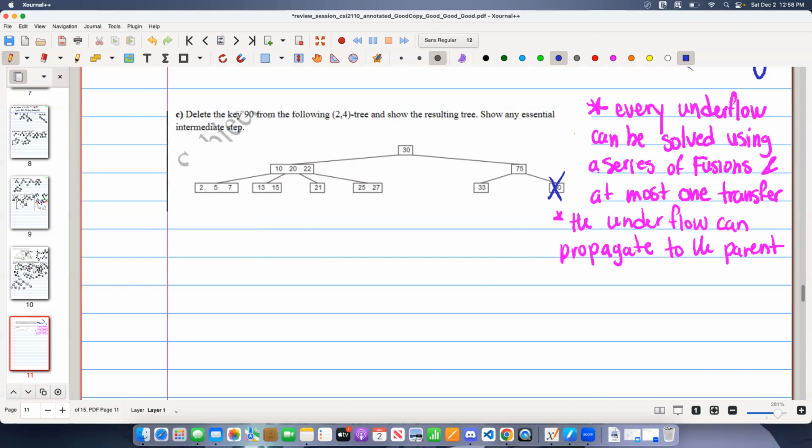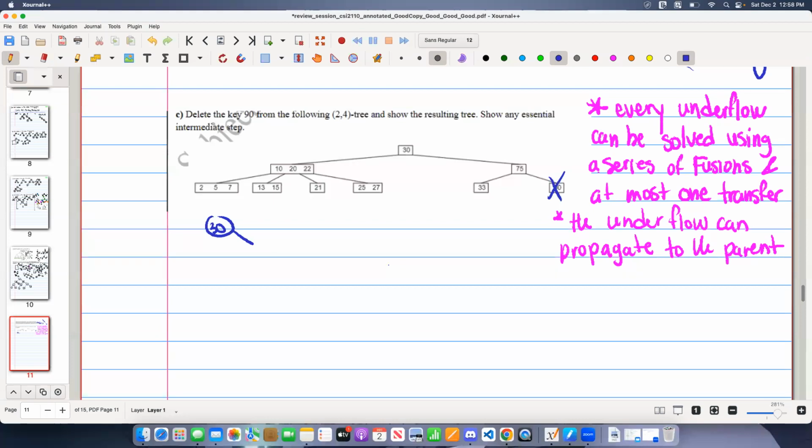So when you delete a node in a 2-4 tree, you will have an underflow because now you have one less node. It's not always the case that you have an underflow. Sometimes, let's say you delete 15 here, you won't have an underflow, but in the other case you will. So now we have 30. Okay.